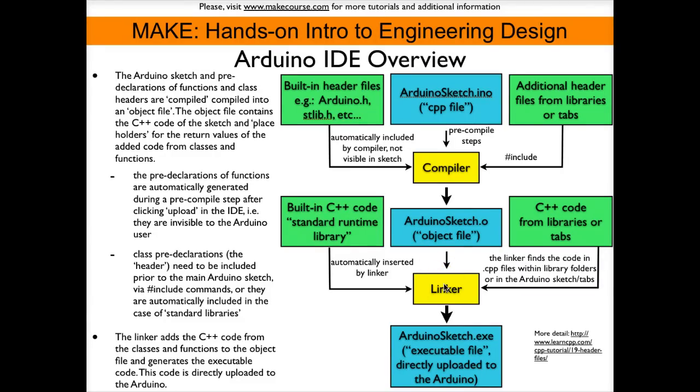So what the linker does is it basically reads through the object file, and then it takes from some standard files, the standard runtime library that is part of the Arduino environment, program code for all the stuff that was defined here in the built-in header files, and it puts it into the program file. And then it also takes the C++ code from your libraries or what you have in your tabs, and it also adds it.